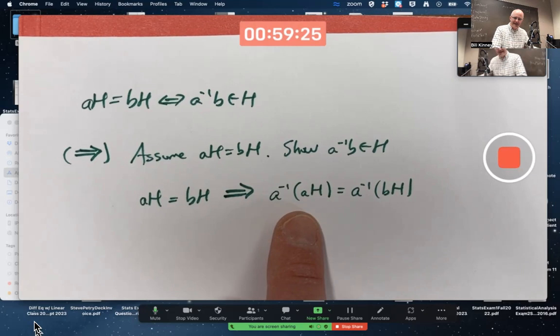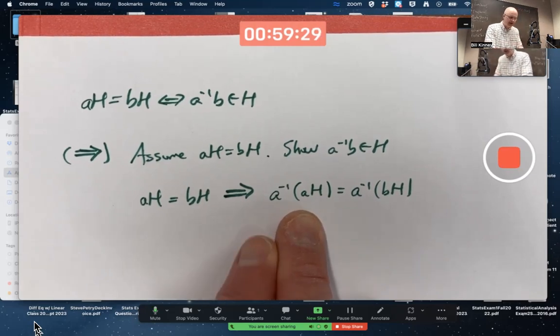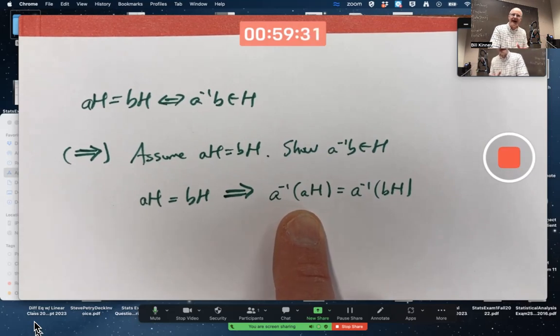In a sense, by writing this right here, remember by what we just proved a few minutes ago, if A is not in H, then AH, the left coset of H in G containing A, is not equal to H. It's not even a subgroup.